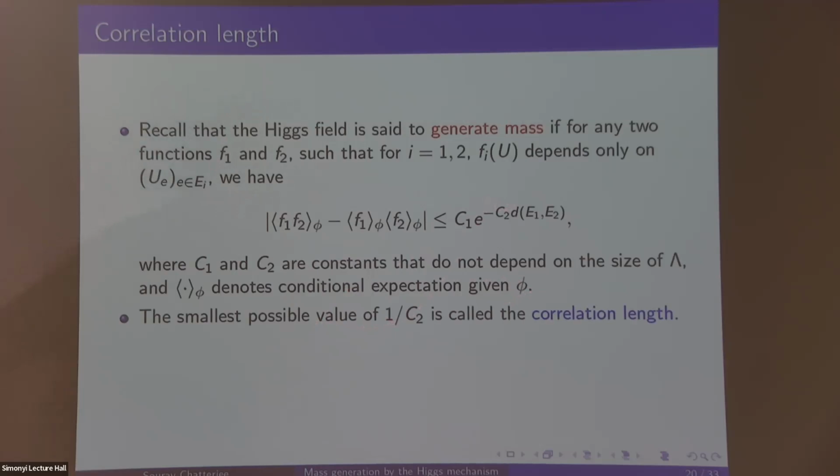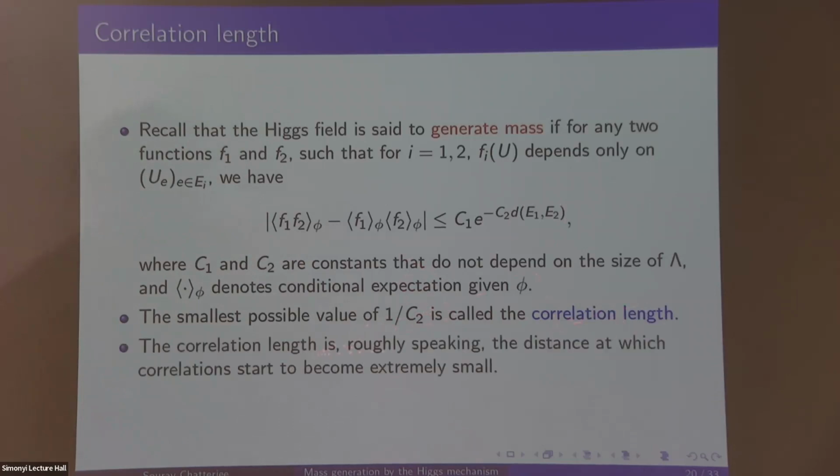I'm just having this weaker thing where you just prove exponential decay of correlations given the Higgs field. You fix the Higgs field. And the optimal value of 1 over C2 is called the correlation length. So the correlation length is, roughly speaking, the distance at which correlations start to become extremely small.